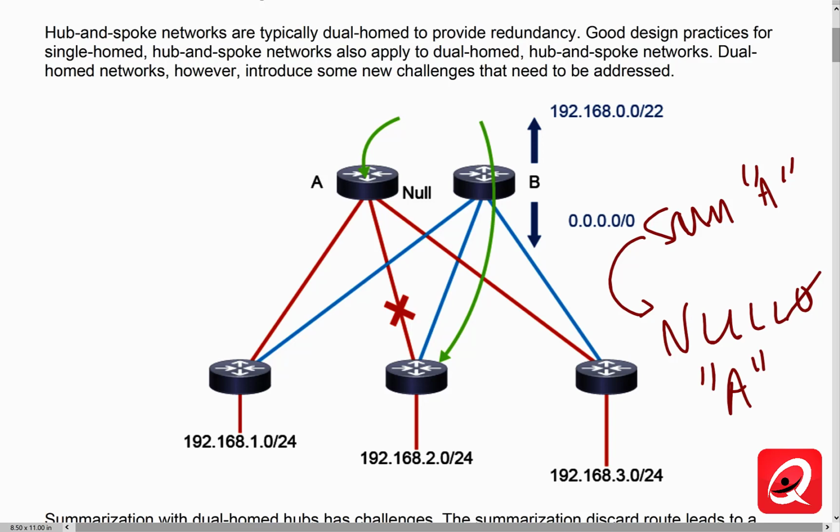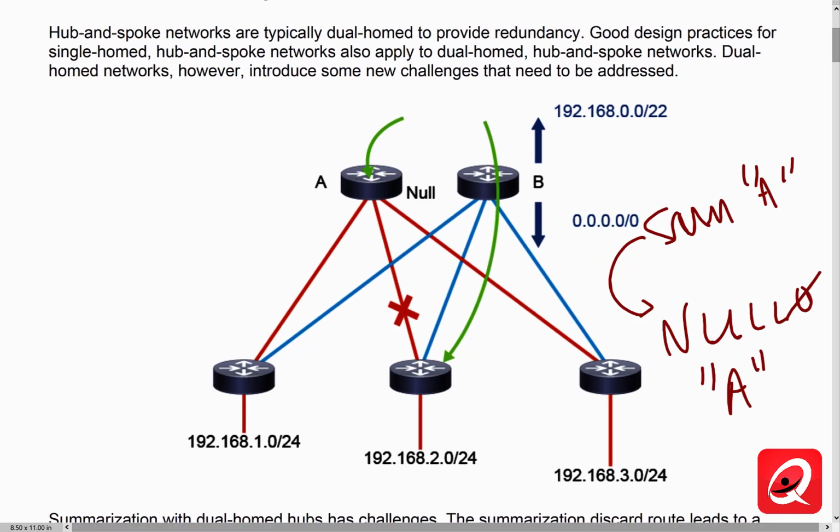You also don't want to have an EIGRP route overriding the discard route because the whole point of having the null zero route in the routing table is as a loop avoidance mechanism. Let me explain this a little bit more.